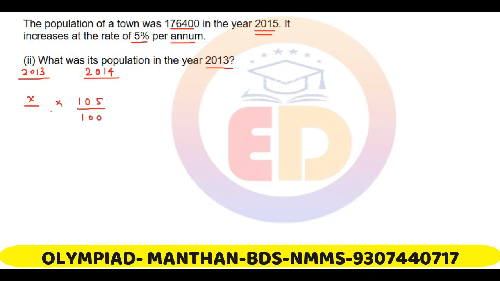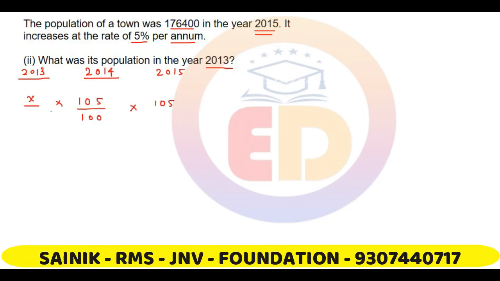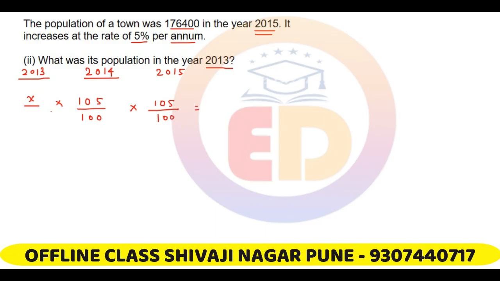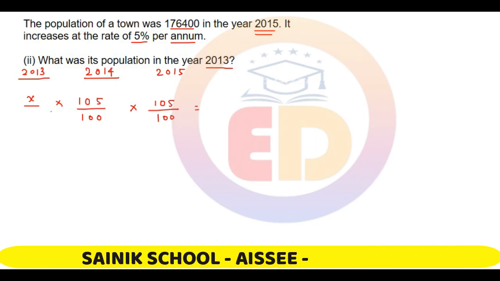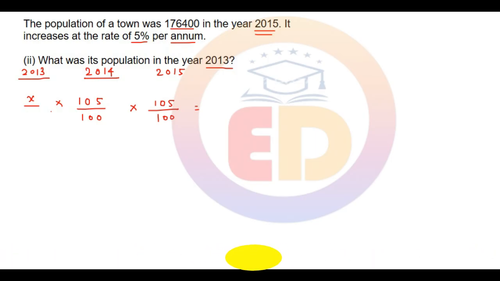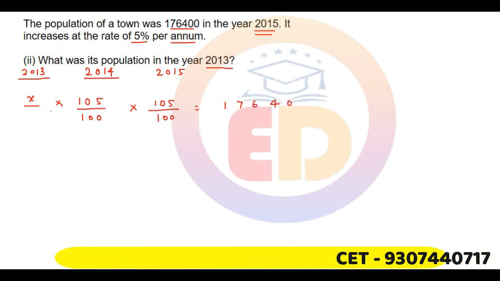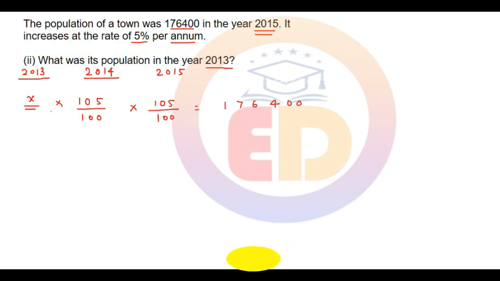And from 14 to 15, let us further increase by 5%, multiply by 105 upon 100. And in 2015, after increasing from 2013 to 14 by 5% and 14 to 15 by 5%, the present population will be 1,76,400. So this is my equation. I have to work it out going back to 2013 and taking the population of the town as X.